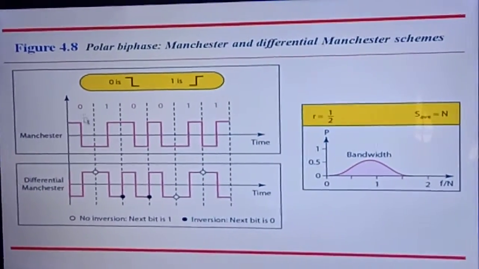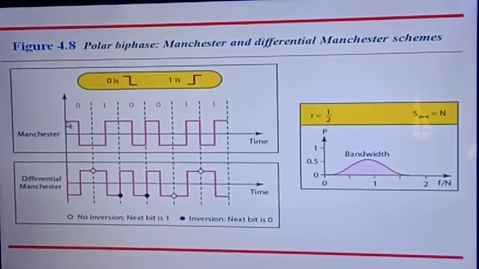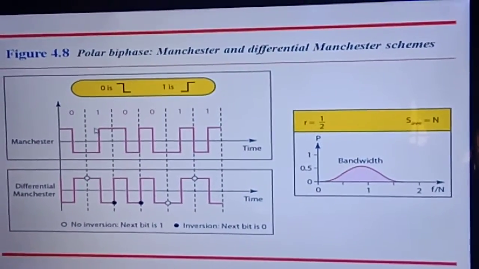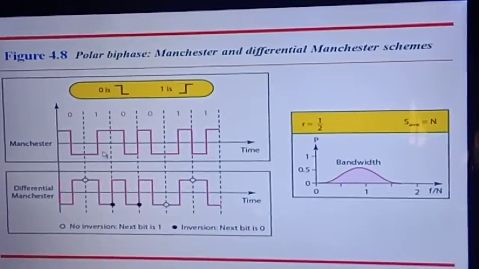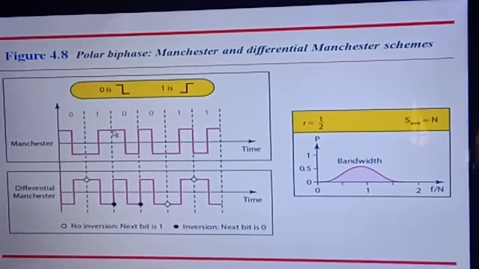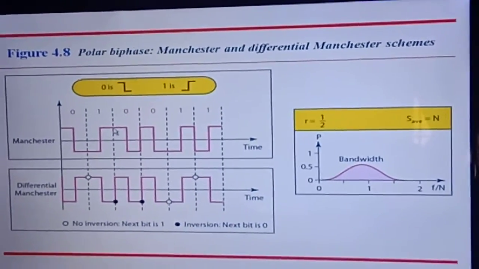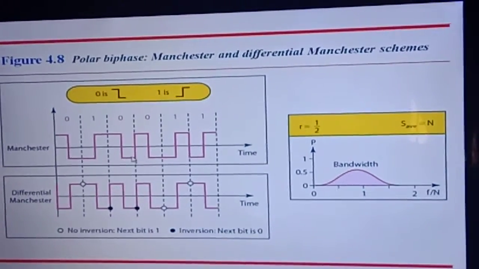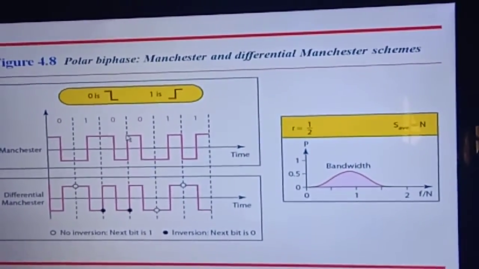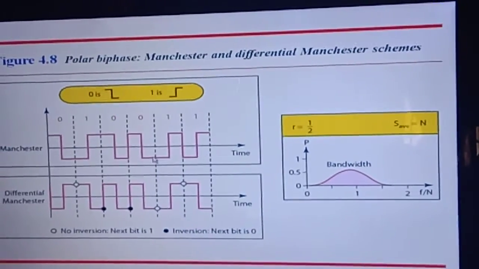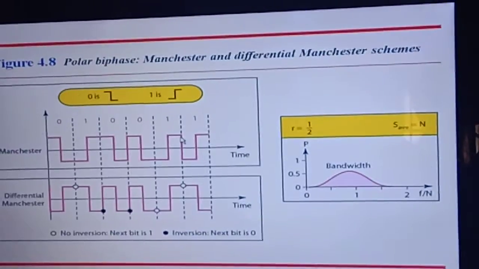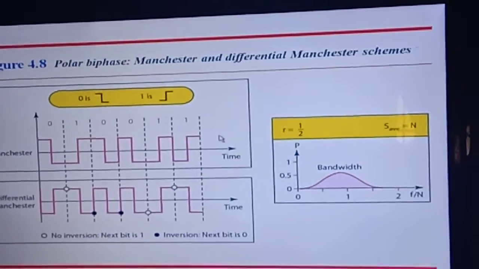So in Manchester, 0 is from positive to negative and 1 is from negative to positive, that is, low to high. If the next bit is 0, again high to low. And next, if that is 1, low to high, and if that is 1 again, you start from low to high.